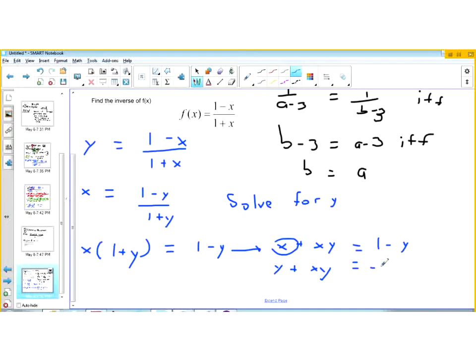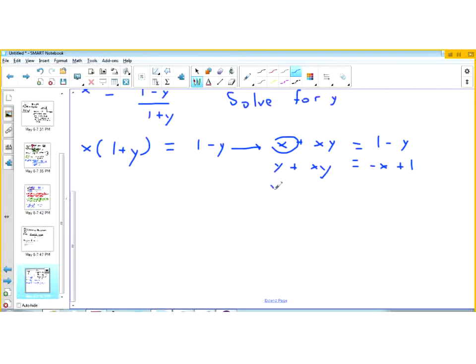And I'll take this x and move it to the right-hand side. It's equal to minus x plus 1. Now, next I'll factor out my y here. So I'll have y times 1 plus x is equal to 1 minus x. Now we can solve for y by dividing both sides by 1 plus x.